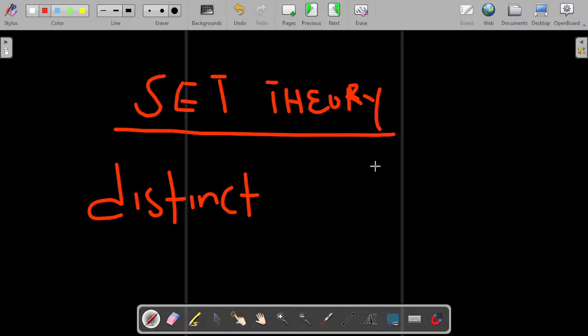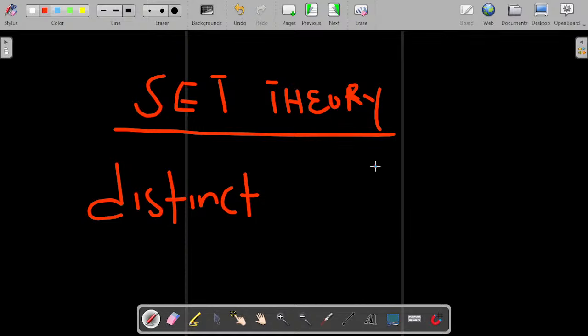For instance, I cannot have spoon, plate, then spoon again. You cannot have plate, spoon, then another plate. It should just be plate, spoon, just once. That's what I mean by distinct objects.